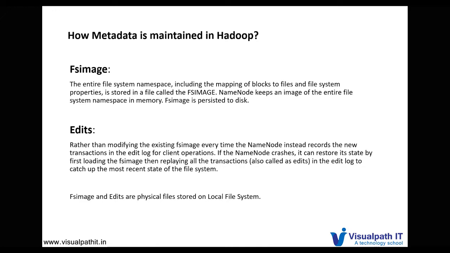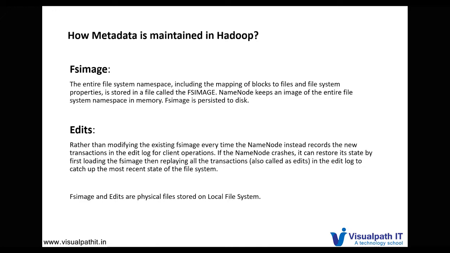Metadata maintained in the name node has two main files. One is fs image and another one is edits. So the metadata consists of two files. What is fs image and what is edits, we'll see in detail.